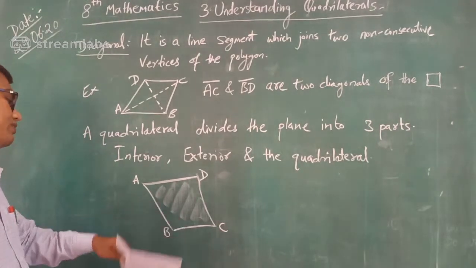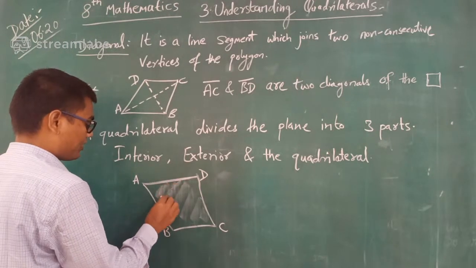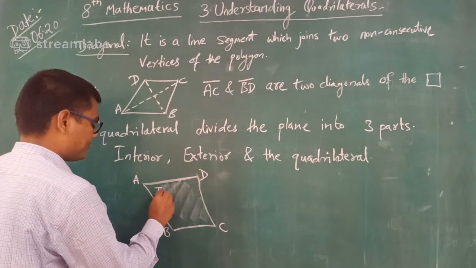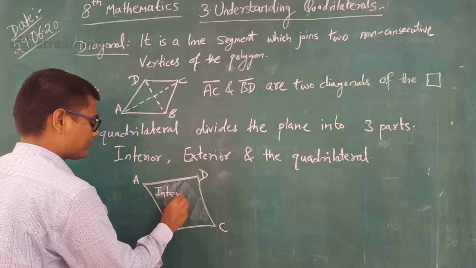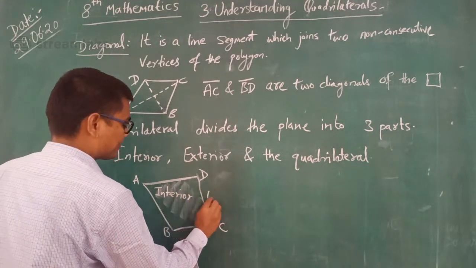So this is quadrilateral ABCD. This shaded part is called the interior. This is the quadrilateral and this is the exterior.